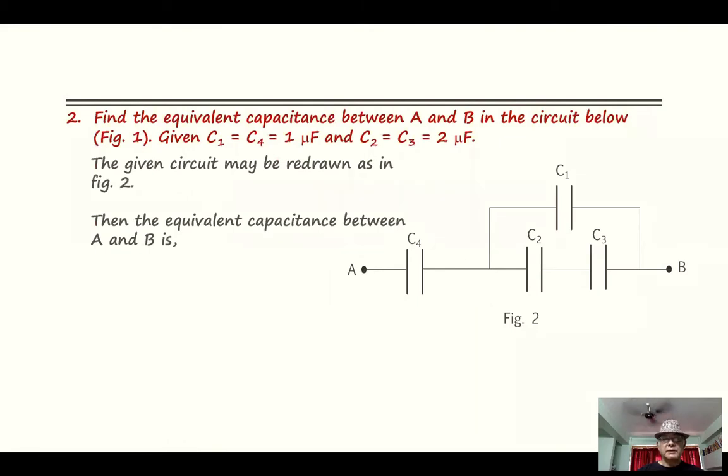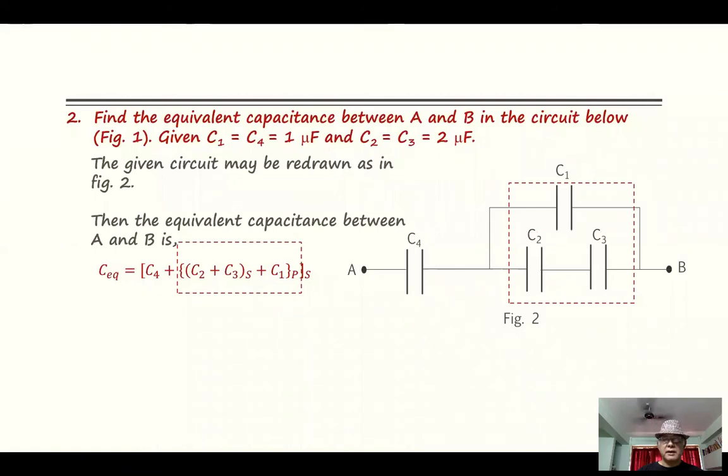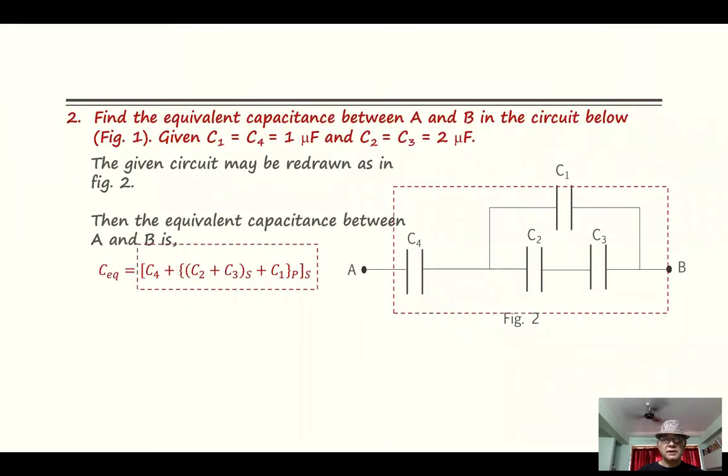Then the equivalent capacitance between A and B is, here C2 and C3 are in series. With this series combination, C1 is in parallel, and with this combination, C4 is in series.